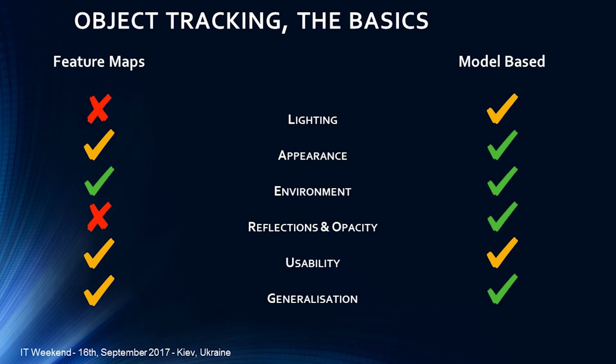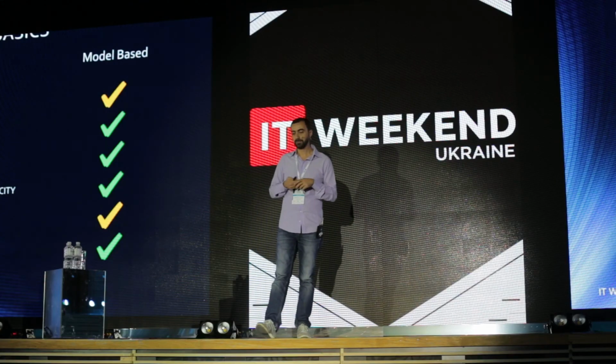The model-based approach is very good from this point of view, because it does not take into consideration, for instance, all the dirt that can be on the surface, so every object that has the same shape works great. Whereas with the feature map approach, if you have taken pictures of an object, maybe an identical object but with different scratches and so on, it will not work.